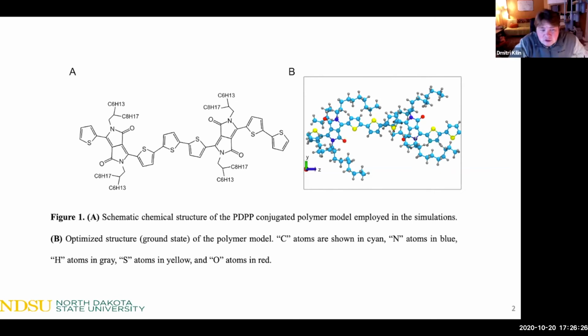If you look through structures practiced by polymer chemists, especially, I think there is a major experimental expert at NDSU, Professor Seth Rasmussen, and he is exploring polymers like thiophene for photovoltaic cells.